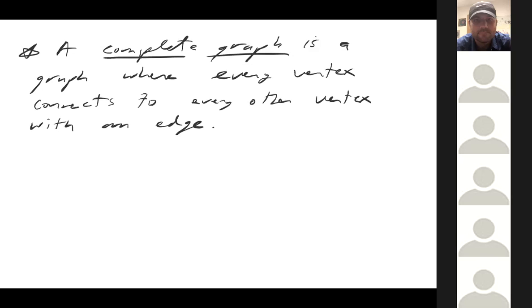Okay, so a complete graph is a graph where every vertex connects to every other vertex with an edge.